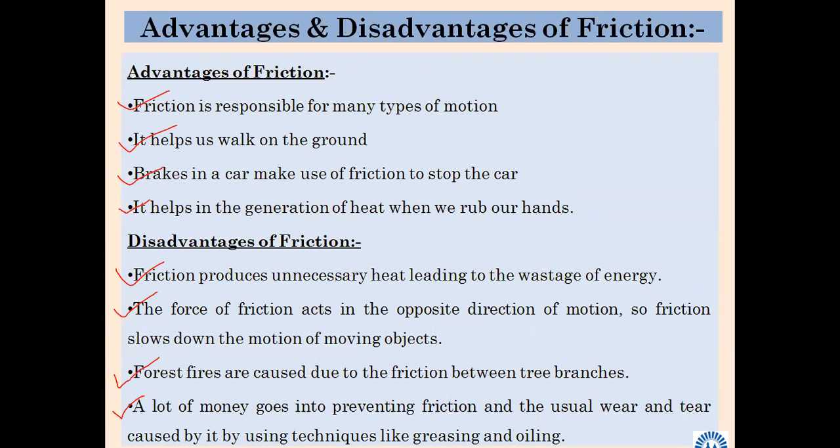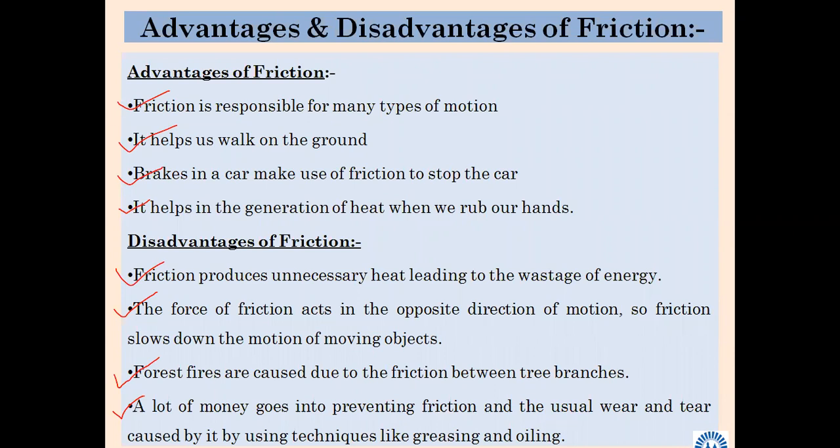It also helps to generate heat, so during winter we rub our hands. Those are the advantages. Then disadvantages: friction produces unnecessary heat, leading to wastage of energy. The force of friction acts in the opposite direction of motion, so friction slows down the motion.